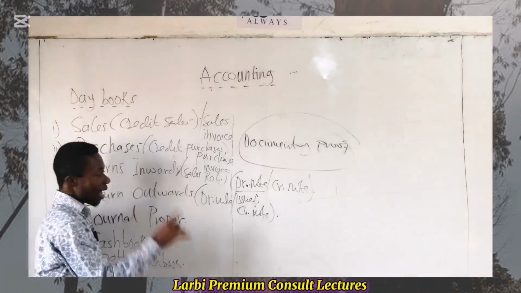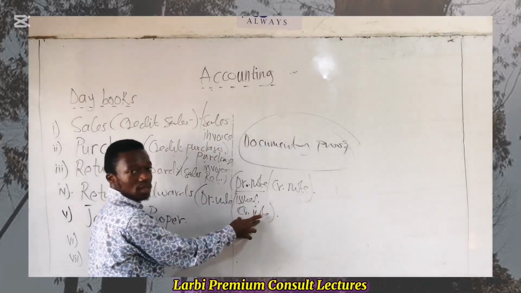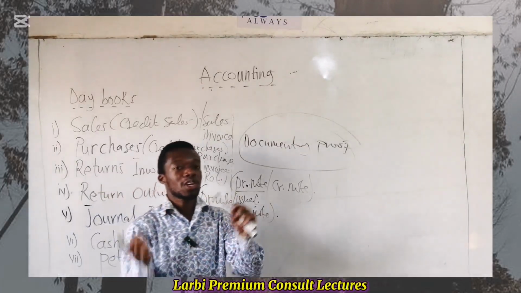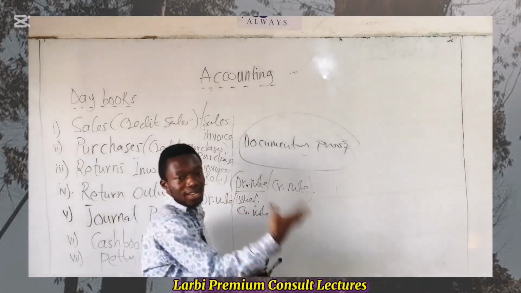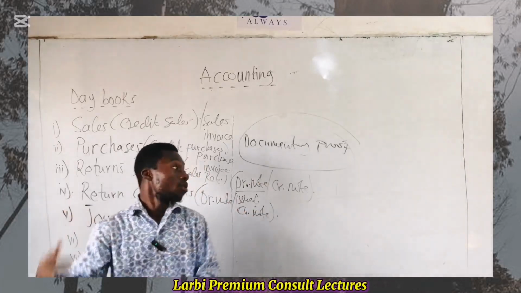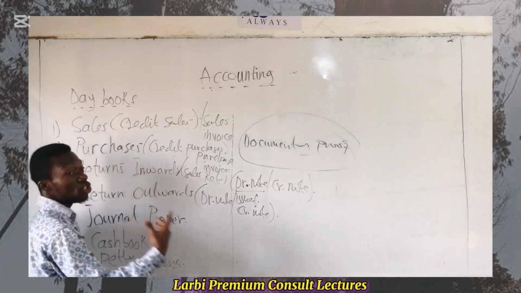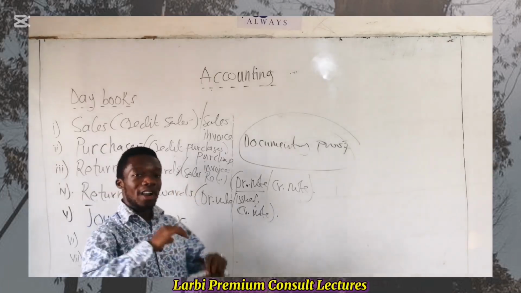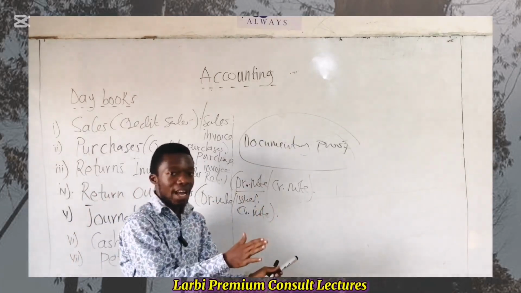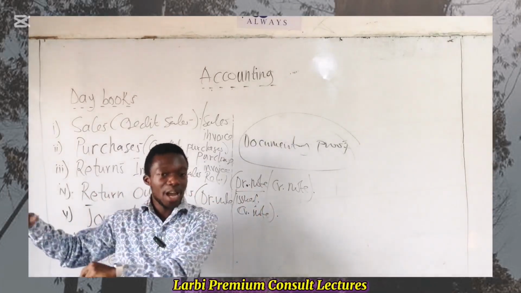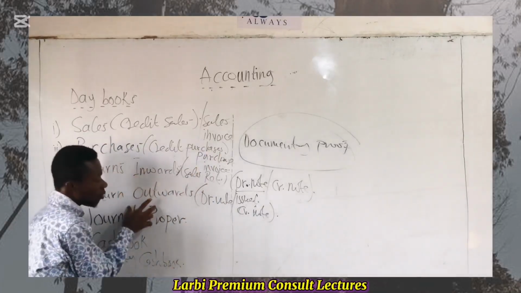But if it's the supplier who is first issuing the note, they are going to issue what we call a credit note, saying that the business account is supposed to be credited with the amount of goods that we returned to that supplier. So we'll credit the business account and then we'll debit the supplier's account. An account called return outwards is going to be used to record all the returns that the business returned from its premises to the supplier, because of maybe quality, type, grade, or non-satisfaction.